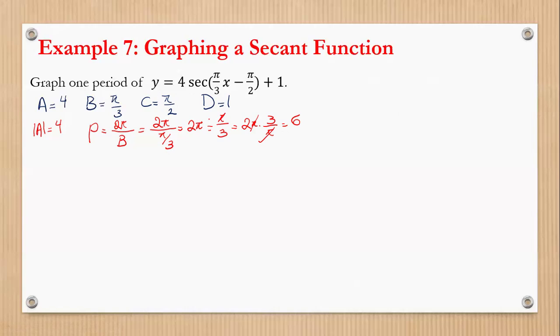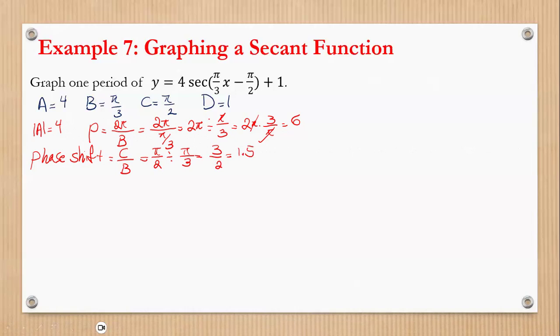What is the phase shift now? Phase shift is C over B. C is pi over 2, divided by B, which is pi over 3. Keep flip change, so I get 3 over 2, which is 1.5, if you want to just have a bit of understanding where the point is.